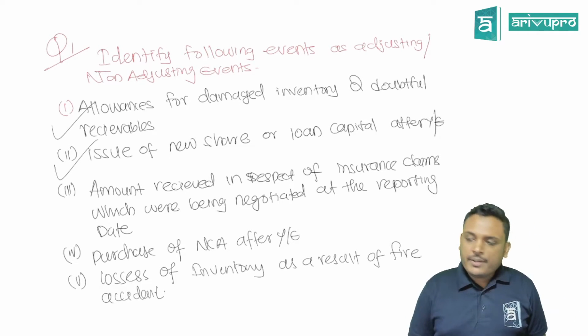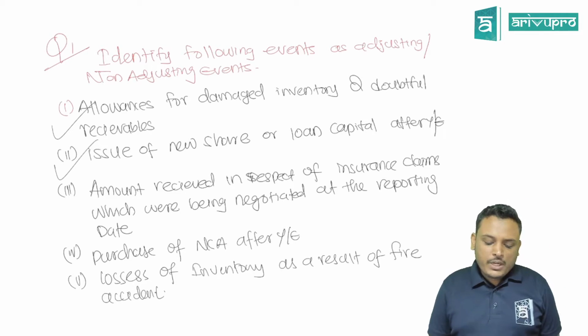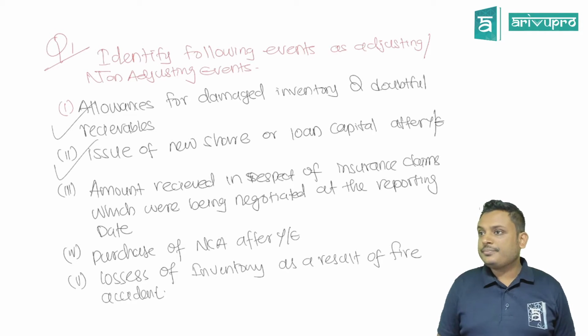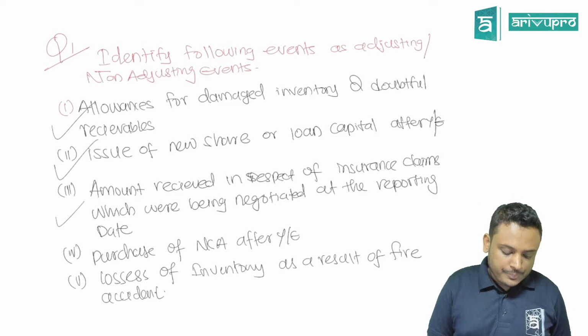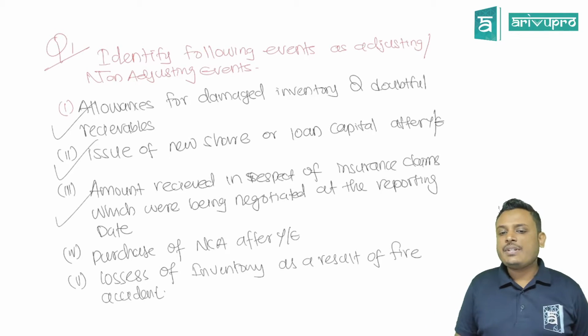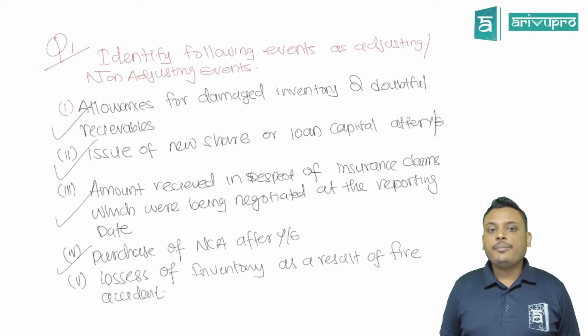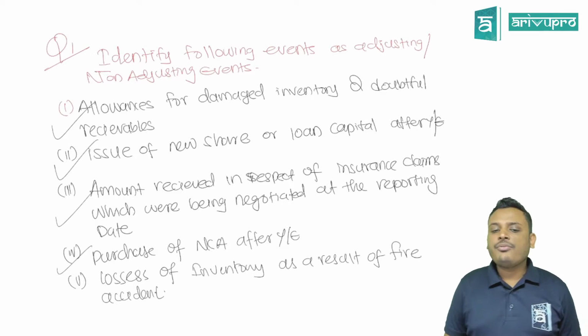Amount received in respect of insurance claim which were being negotiated at the reporting date. Adjusting event, very good. Purchase of non-current asset after the year end. Non-adjusting event.